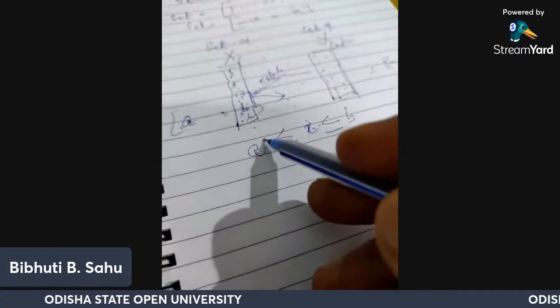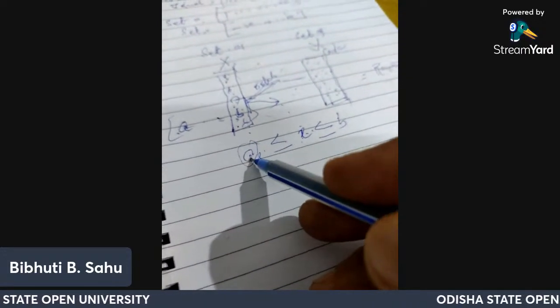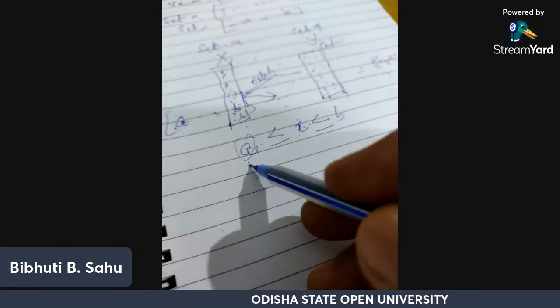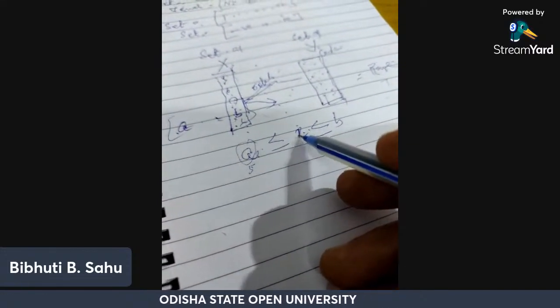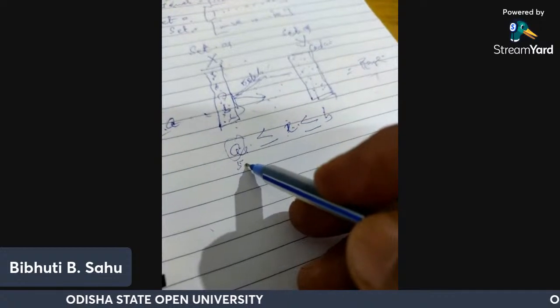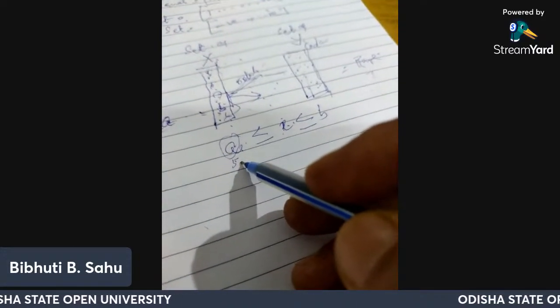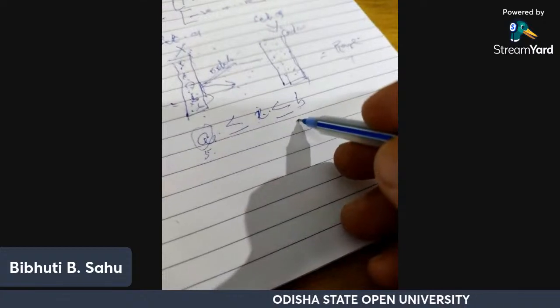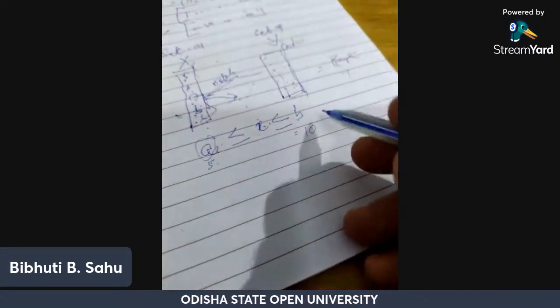That means a is the minimum limit. So a can be any natural number. Let it be 5. So the value of x can be 5 at the minimum, and less than or equal to b, let it be 10.